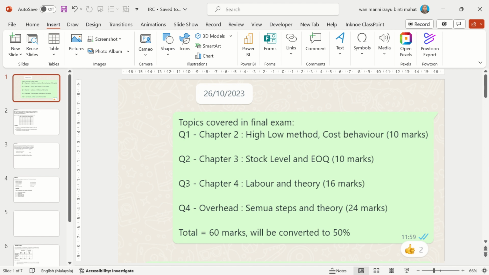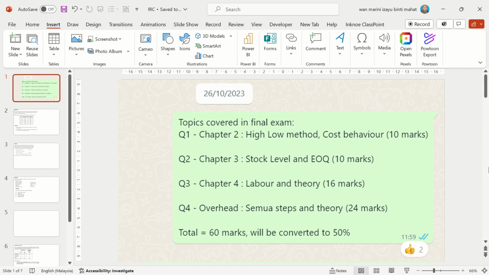Question 3 is chapter 4, where you will be assessed on labor calculation for basic wages, overtime and bonus, and some theoretical questions. For question 3, the marks allocated is 16 marks.